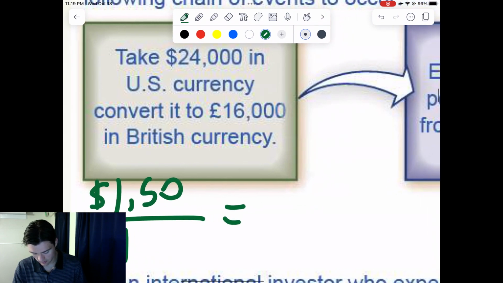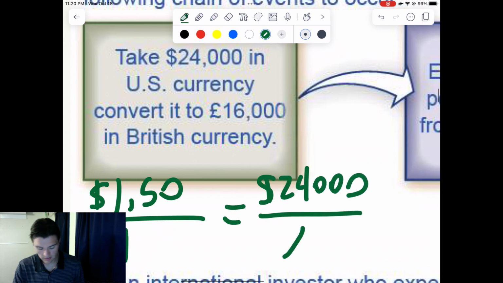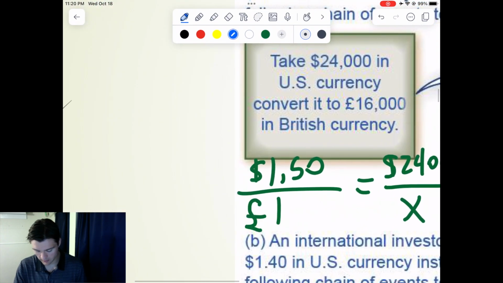Then we had $24,000. We don't know how many pounds that is, so we do the handy dandy butterfly method.